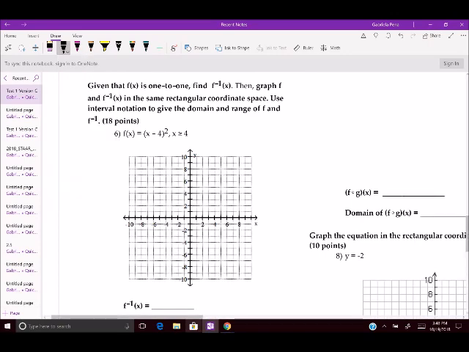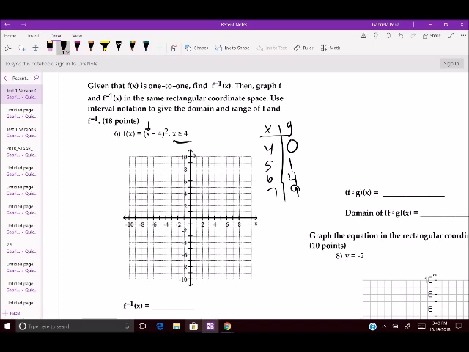Now for this next thing, it says to start off at 4. So I'm going to start off with 4, 5, 6, 7. Let's plug in those numbers in here. 4 minus 4 is 0. 0 squared is 0. 5 minus 4 is 1. 1 squared is 1. 6 minus 4 is 2. 2 squared is 4. 7 minus 4 is 3. 3 squared is 9.